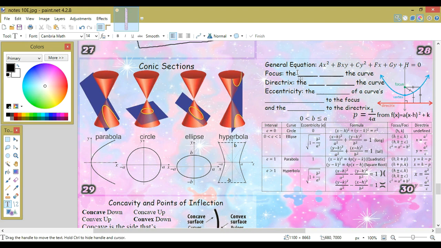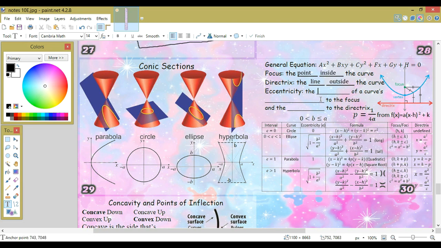So for these conic sections, the focus is the point inside the curve. The directrix is the line outside the curve.